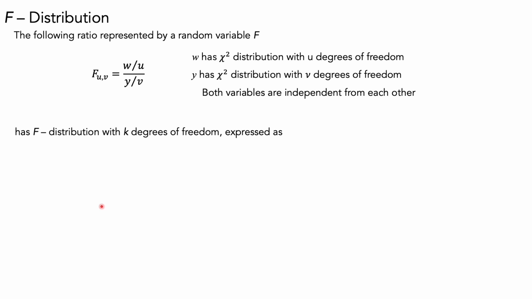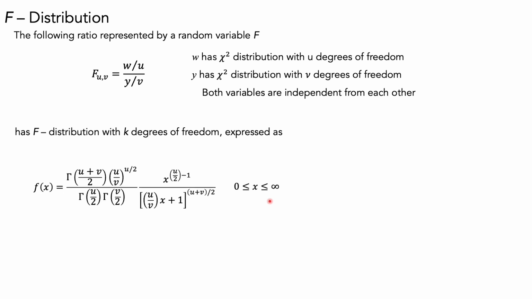These are gamma functions and the degrees of freedom of the chi-square distributions of the numerator and denominator both. Because there are two parameters involved in this distribution, u and nu both will influence its shape.